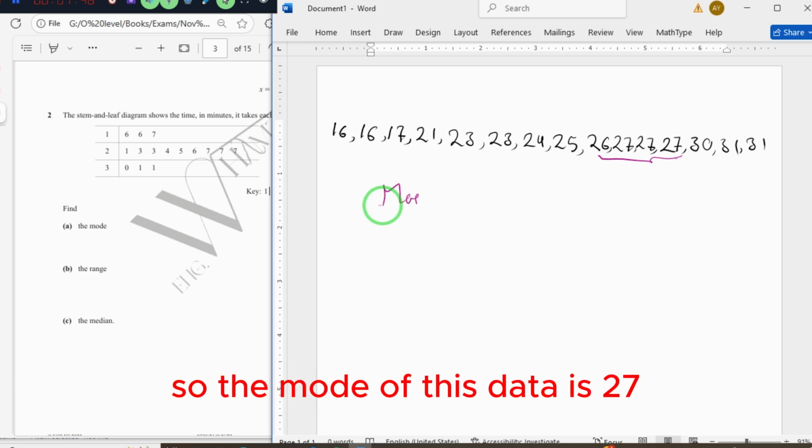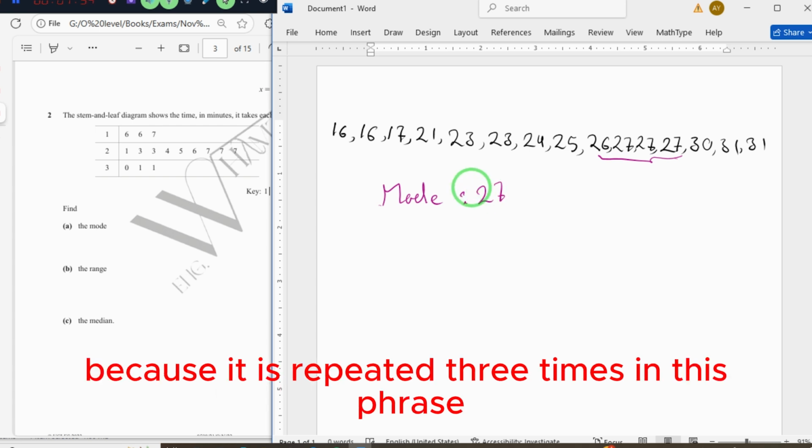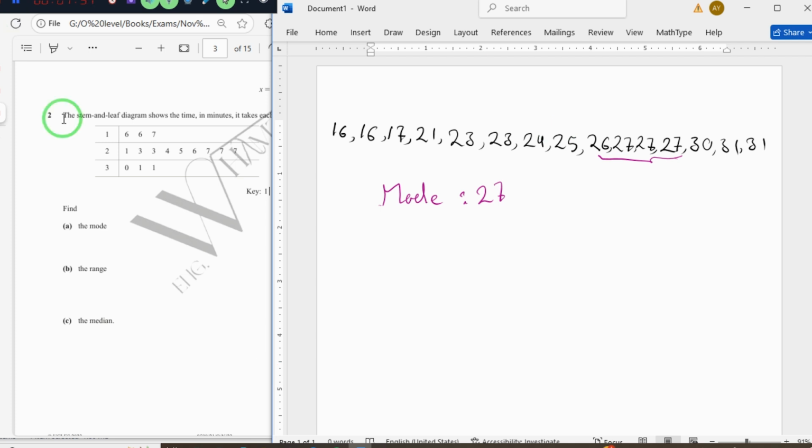So the mode of this data is 27, because it is repeated 3 times in this race.